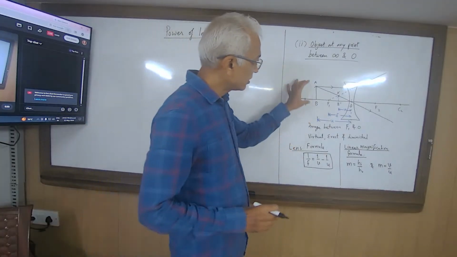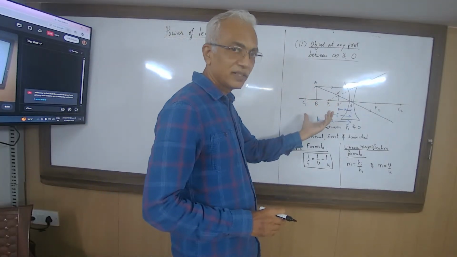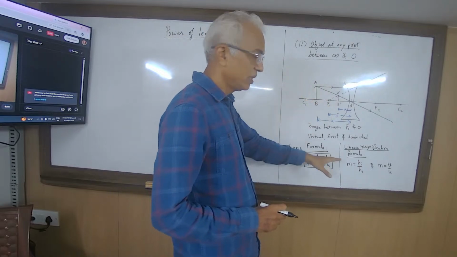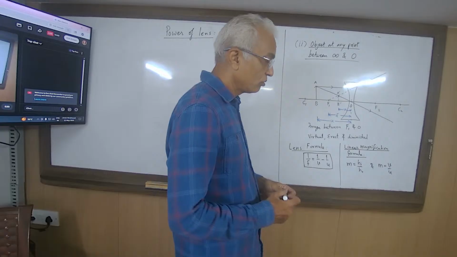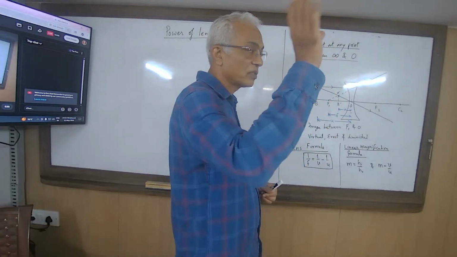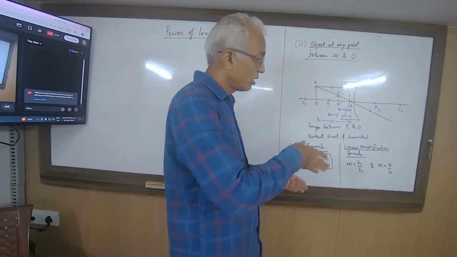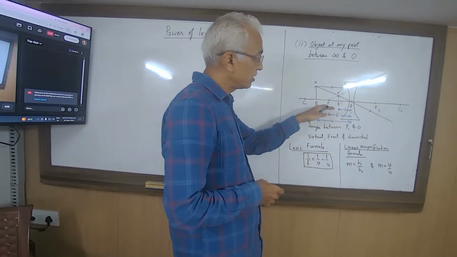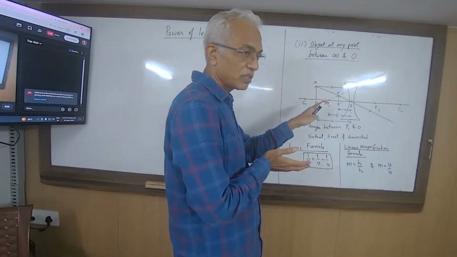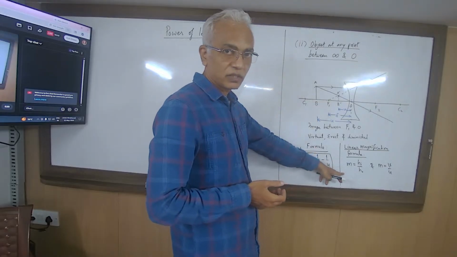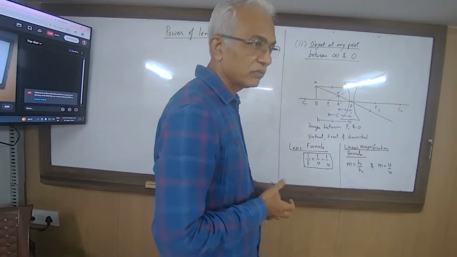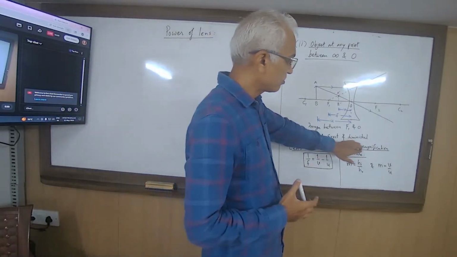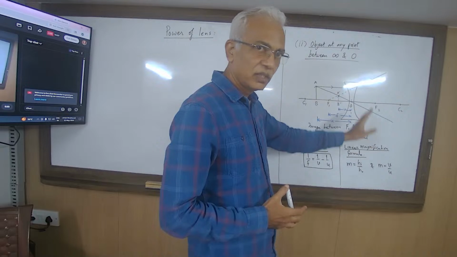When the object and the image are within measuring distance, you can measure their heights, so we use linear. But if I want the image of a star or the sun, I can't measure the height, so we measure angle. Whenever we deal with distant objects, we use angular magnification. That is the subject of higher studies. Here we may say just magnification; it remains linear only.